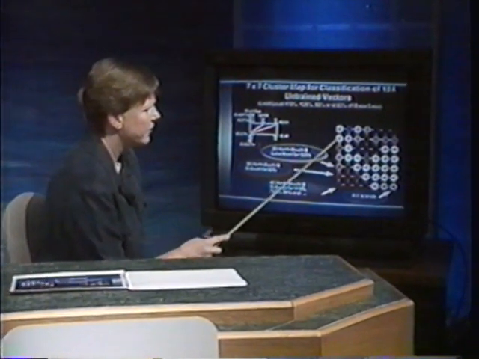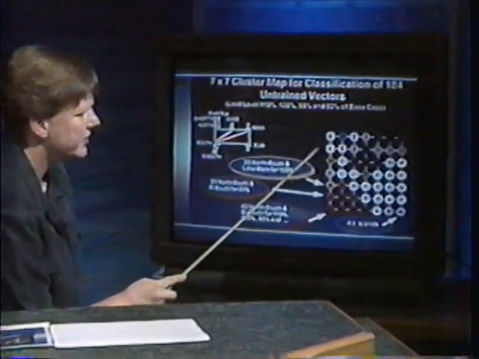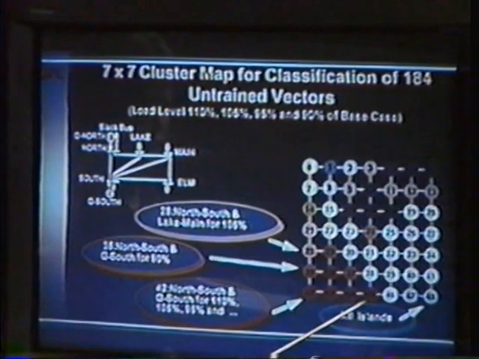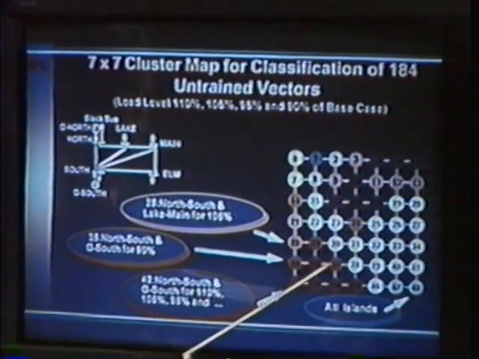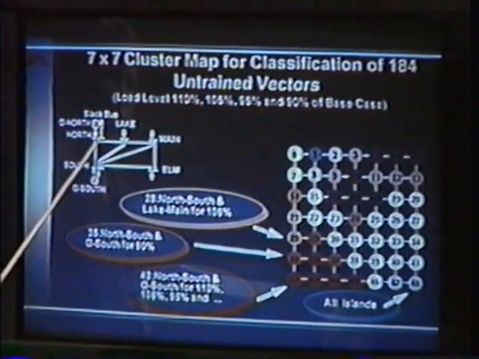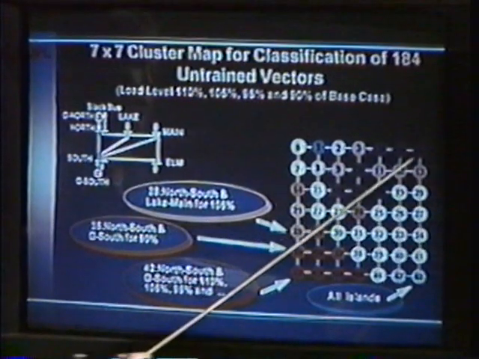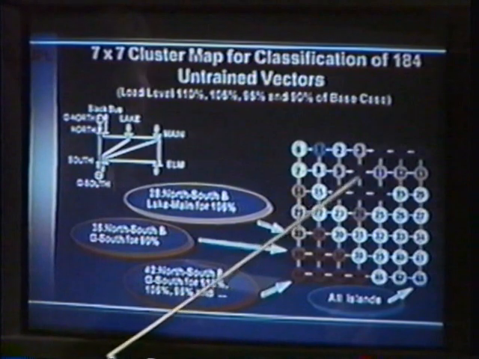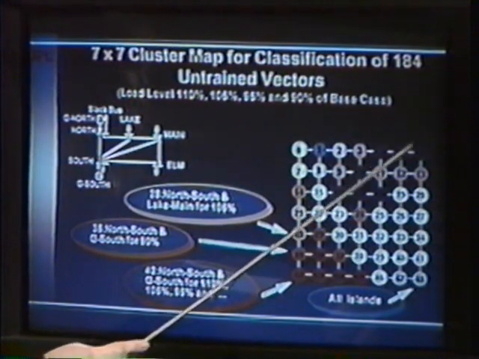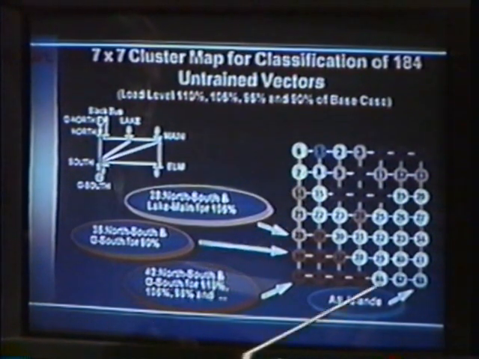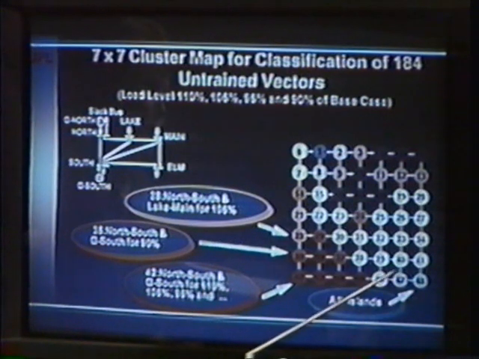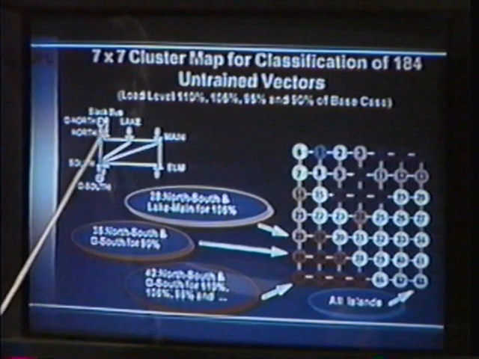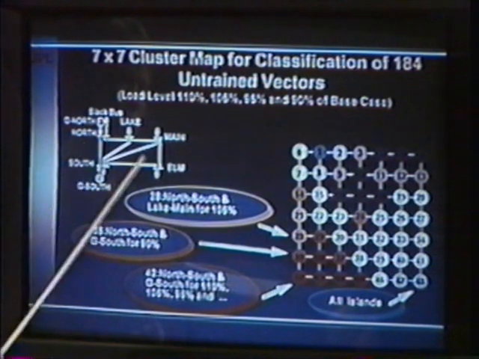3-bus system, my map here distinguished different cases. In this area of the map, we will find outages of line north-south, usually resulting in overloads of line north-lake. In this part of the map, we will find outages of line north-lake, usually resulting in overloads of line north-south. In this part of the map, we will find islanding cases where we have isolated one of the buses due to a double contingency.